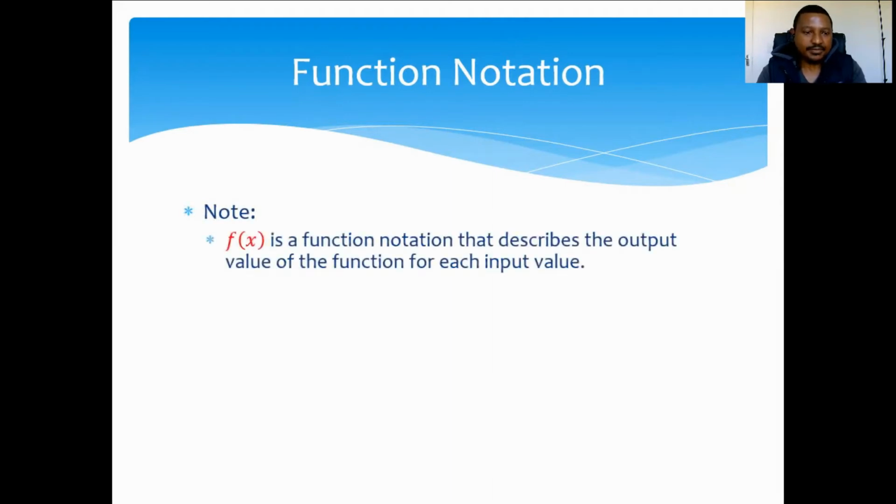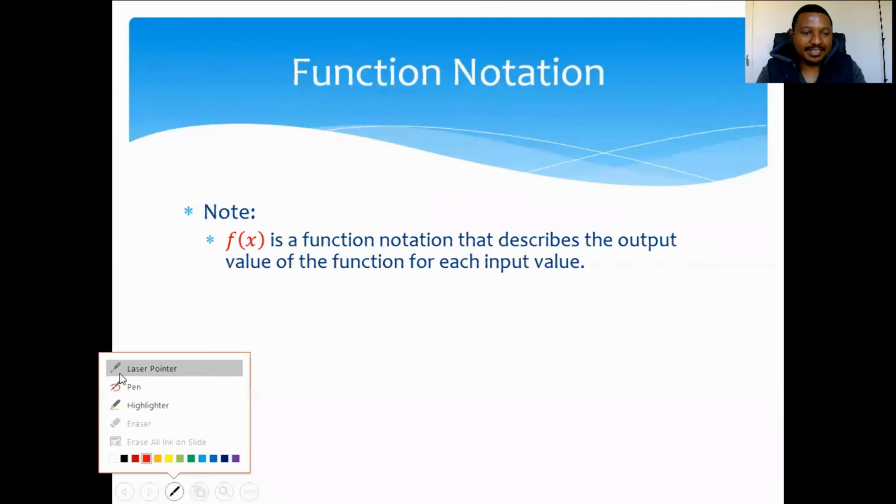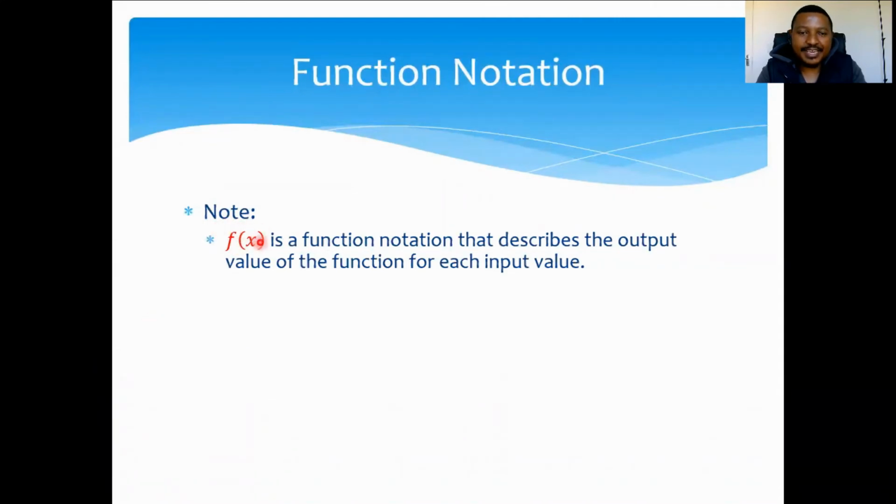So, for instance, f of x is a function notation that describes the output value of the function for each input value. Most of the time, learners confuse f of x as being a function. But let me tell you now that f of x is not necessarily a function, but it describes the output value for the function.